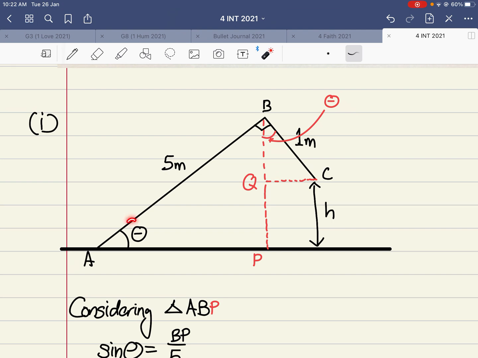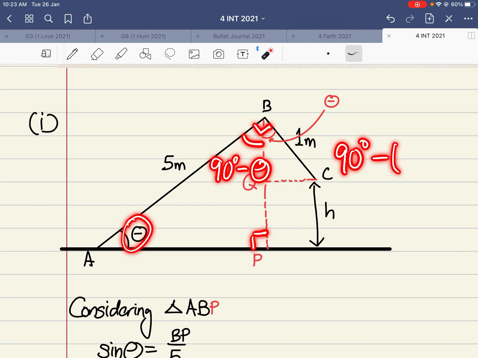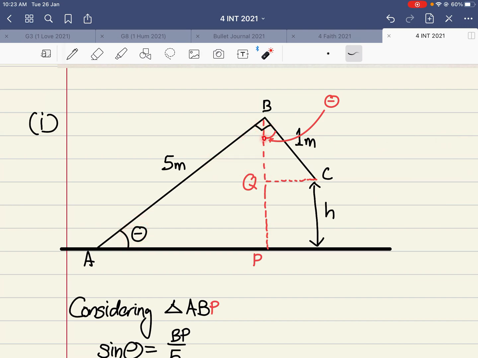Very quickly now. This angle is theta. This angle is 90, which means that this angle is 90 minus theta. Then, if you notice, this angle is 90 degrees. So I take 90 degrees minus (90 minus theta), you will get theta. Hence, this angle over here will give me theta.